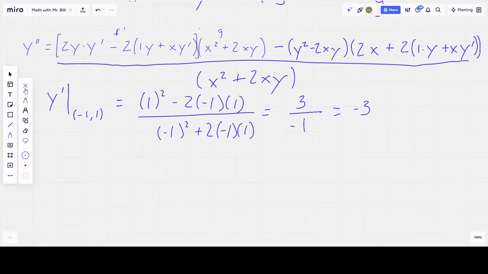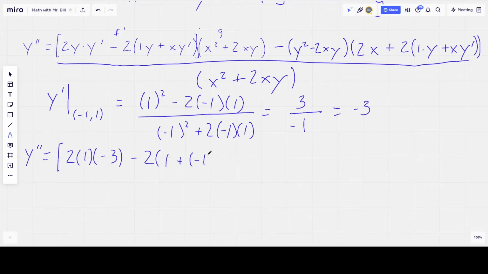So y double prime is equal to, all right, 2 times y. So you got 2 times 1 times y prime, which is negative 3, minus 2 times the sum of y, which is 1, plus negative 1 times negative 3. Close that, and then open 1 squared. That's negative 1 squared plus 2 times 1, which is negative 1, times y, which is 1.